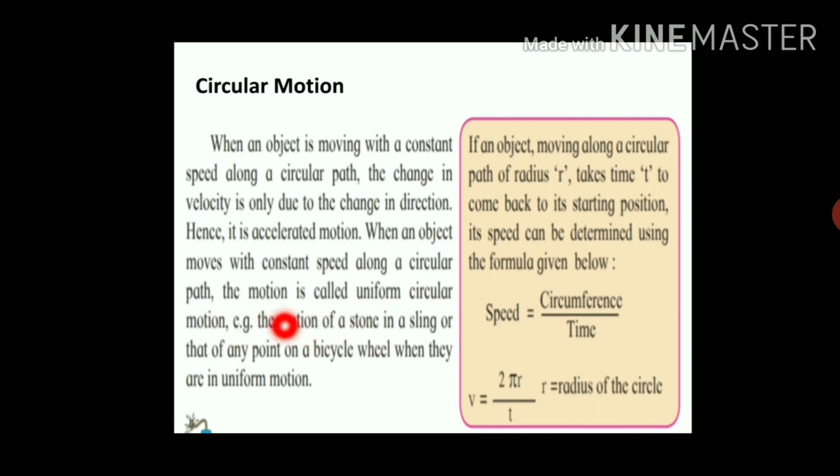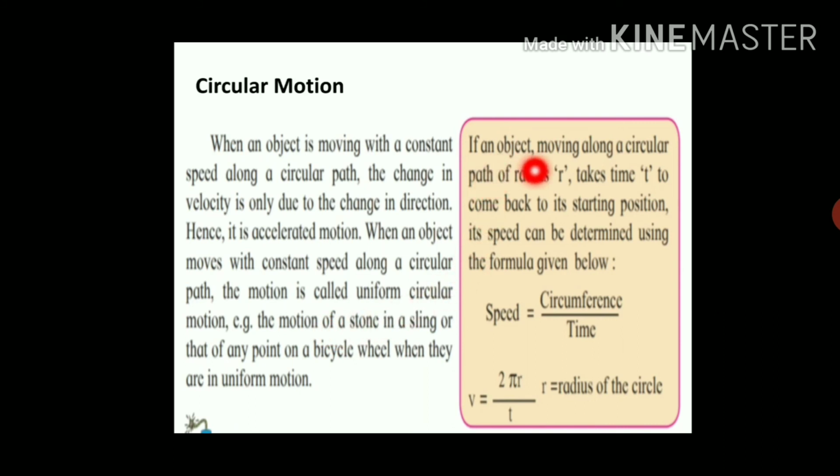In the first picture in the previous slide, we see the motion of a stone in the sling or that of any point on a bicycle wheel when they are in uniform motion.